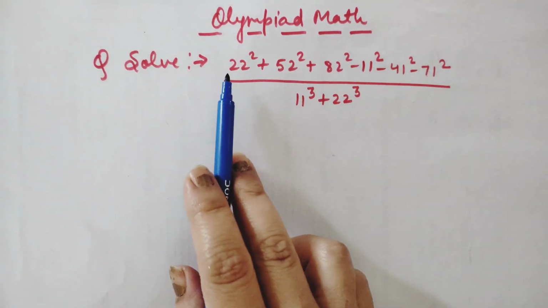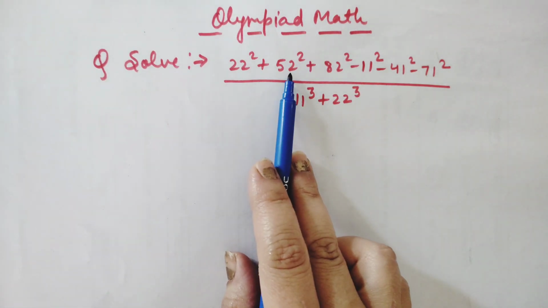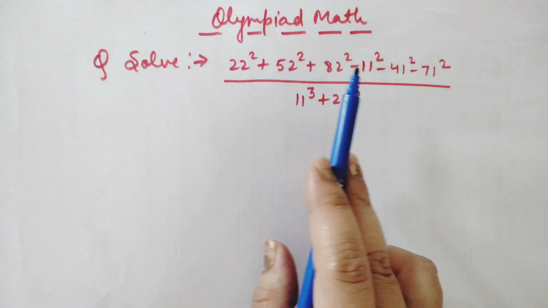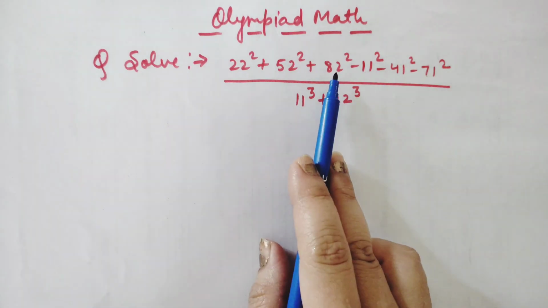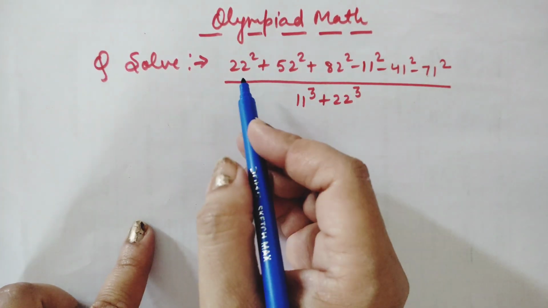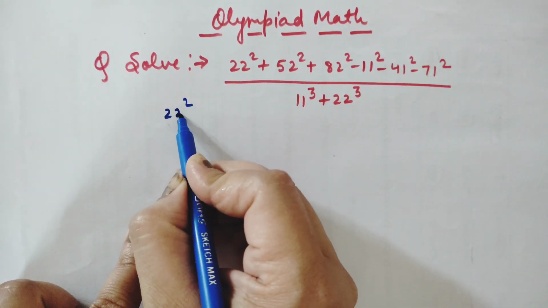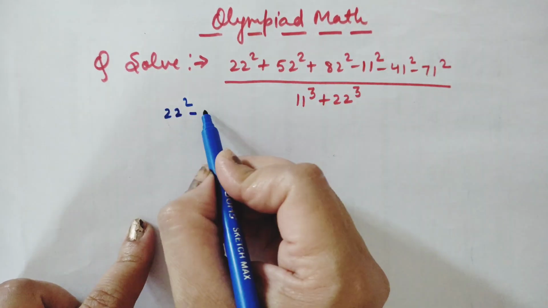You can see 22 square and 11 square, 52 square and 41 square, and 82 square and 71 square. We will write some terms together: 22 square minus 11 square.